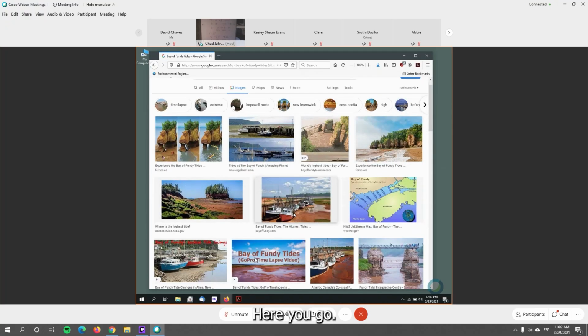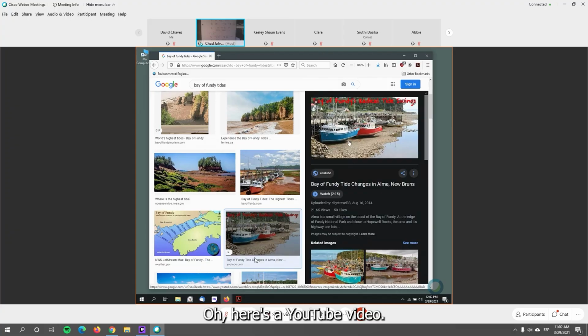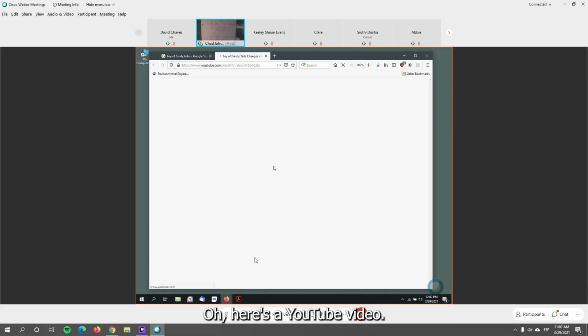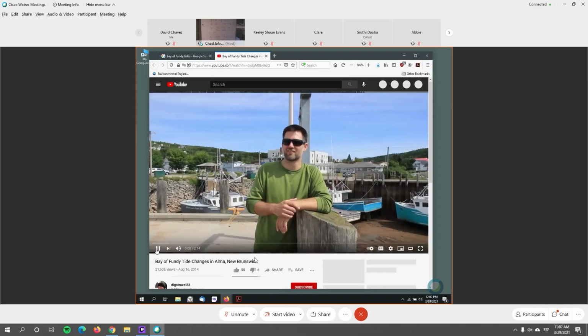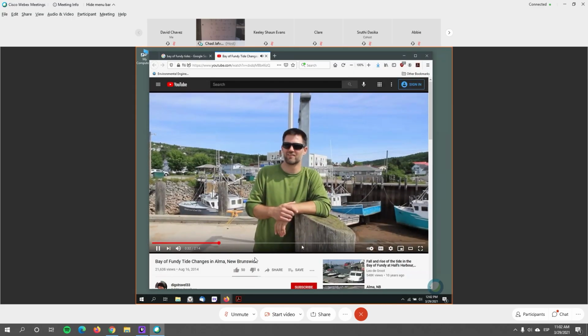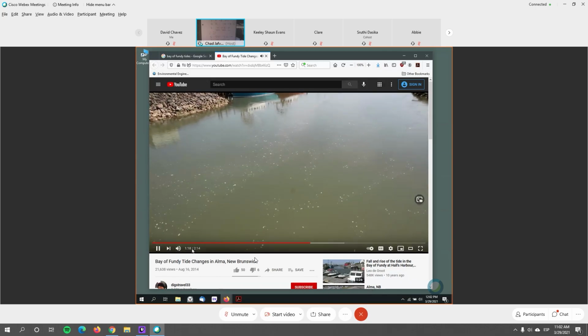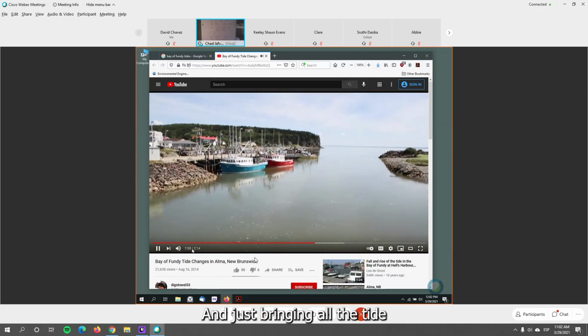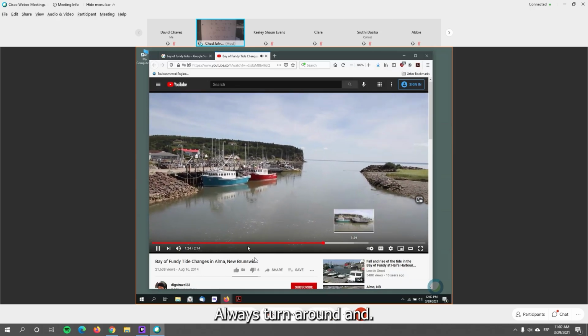Here you go. There should be some nice pictures of this. Oh, here's a YouTube video. You can see exactly how fast it's actually moving, and just bringing all the tide in. So the tide doesn't come up fully for another hour and a half.